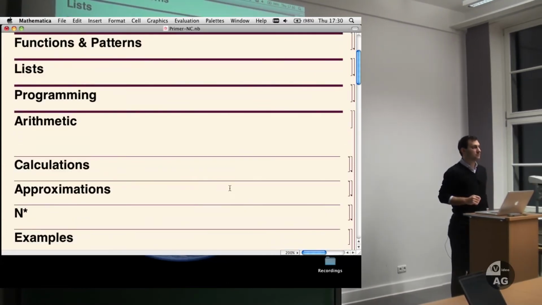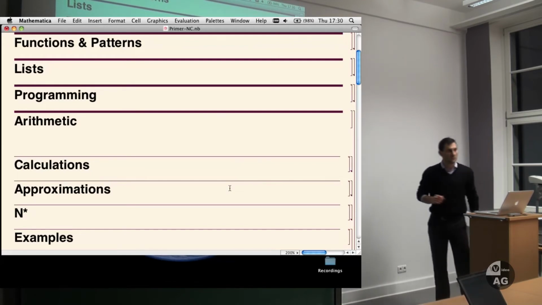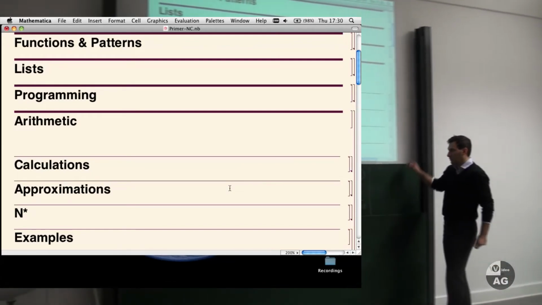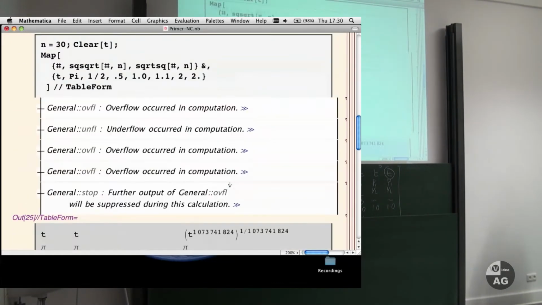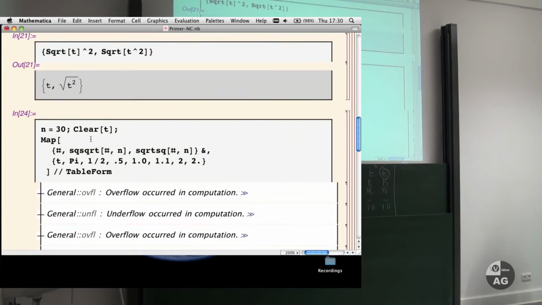Yes? With regards to the square root of the square of an integer, I'm just wondering why that isn't left in the square root form as with t, for example. Why is that evaluated? Are you asking, let's see, are you asking this?